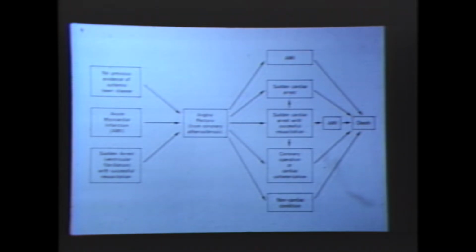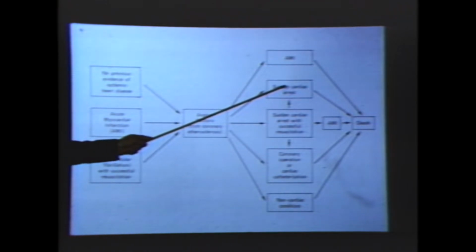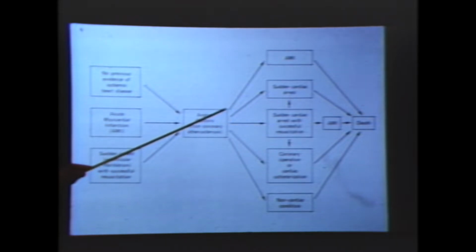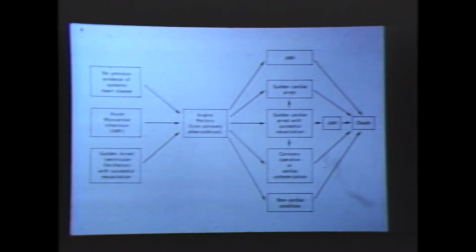Now, how does one get a group of patients whose only manifestation of myocardial ischemia is angina pectoris to study at necropsy? Well, this is not easy, of course, because most patients with angina die suddenly, and then at necropsy they're put in the sudden death group. Or they have an acute myocardial infarction, and then at necropsy they'd be put in the acute myocardial infarction group.